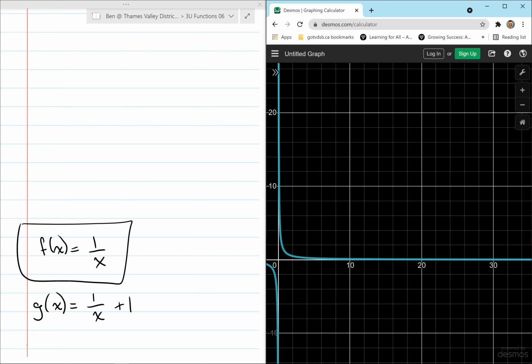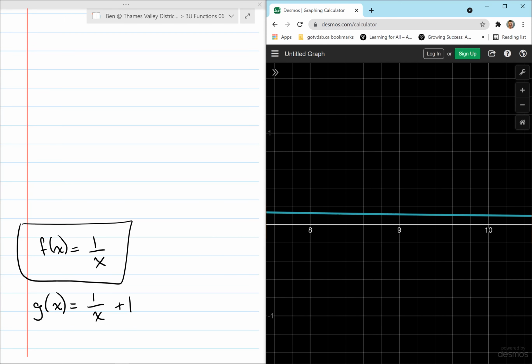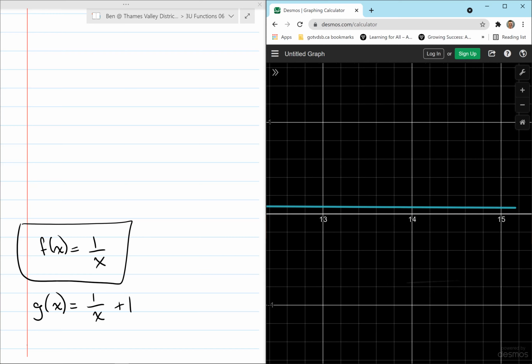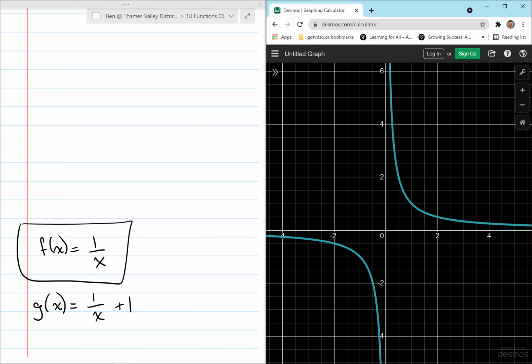Same thing in the positive x direction. My function gets closer and closer to y equals 0, and as I follow along, it will approach but never reach it. And that's what we call the asymptote that our function is acting around at that stage.